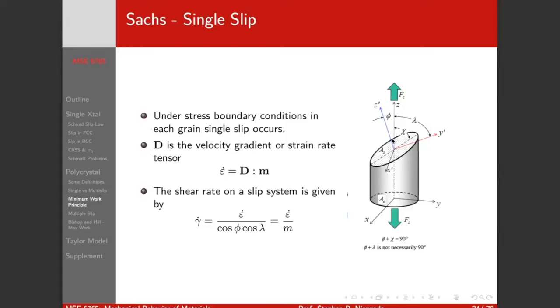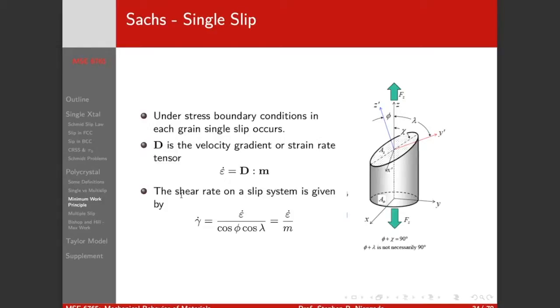Okay, so if we take Sachs model single slip, we're going to say that under stress boundary conditions, in each grain, single slip is going to occur. So D is our velocity gradient or our strain rate tensor. Our velocity gradient projected onto our slip system gives us our strain rate.